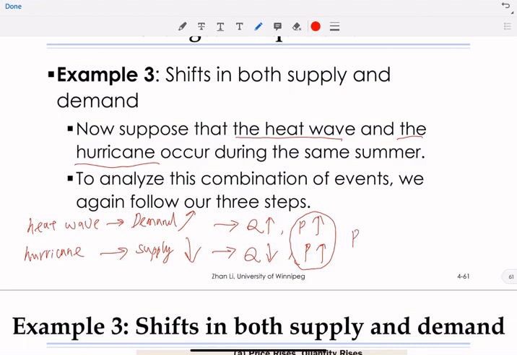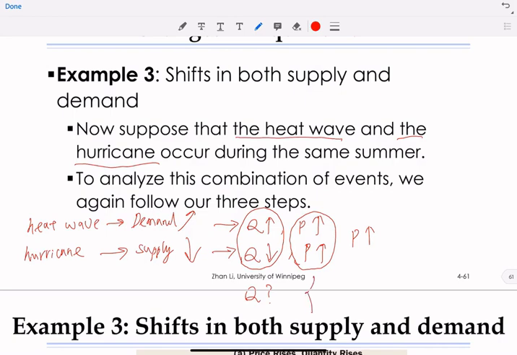So it's certain price will increase. Now what about the equilibrium quantity? Well, you can see that when you're combining these two events, their effects on the equilibrium quantity are in different directions, right? So you're really not sure how equilibrium quantity will change when you combine these two events.